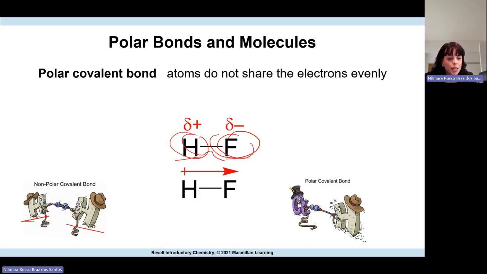So with a bond like this, the cloud of electrons will be bigger around the fluorine, forming a partial negative charge. And we use delta to represent that, and the cross arrow to show that electrons will be more on the fluorine because it's more electronegative than hydrogen.